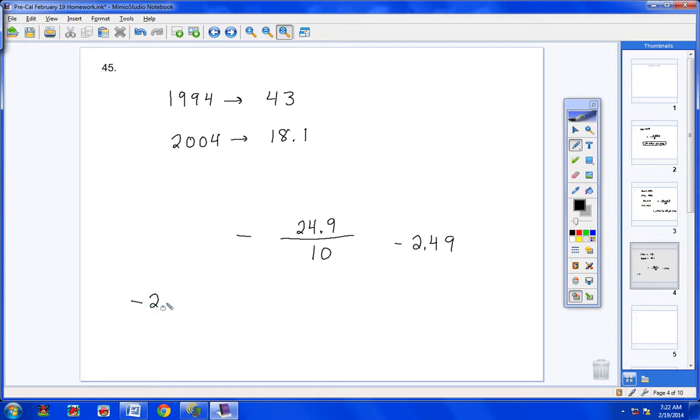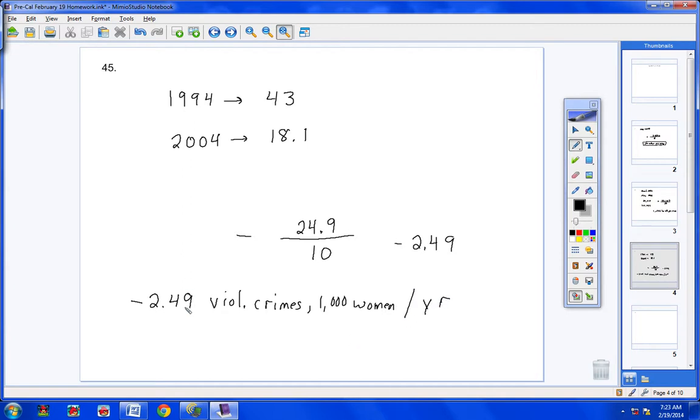So negative 2.49. You need to realize that's per 1,000 women, okay? So 2.49, I would put, just abbreviate, violent crimes, comma, every 1,000 women, and that's per year, all right?